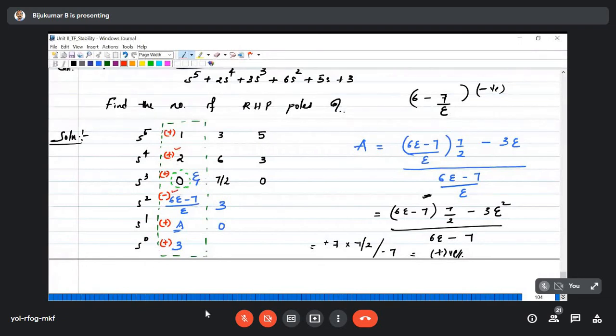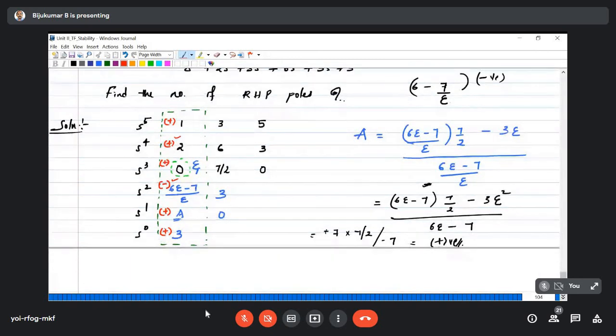If a change occurs in these two entries, it means that there are some poles located on the RHP. And directly you can find how many sign changes there are. Two. Because from plus to minus, again from minus to plus, we have two sign changes.